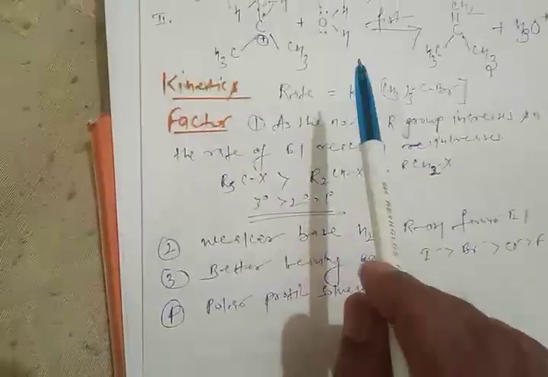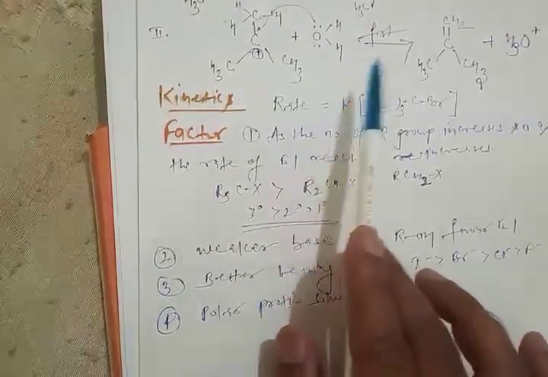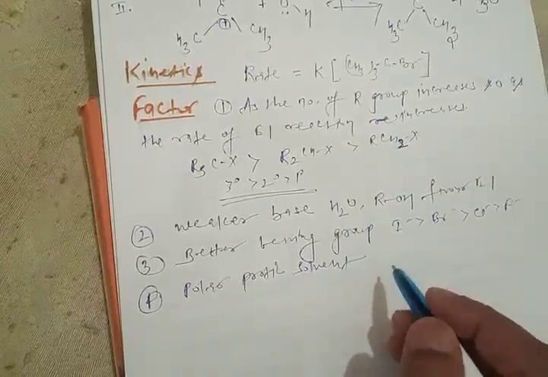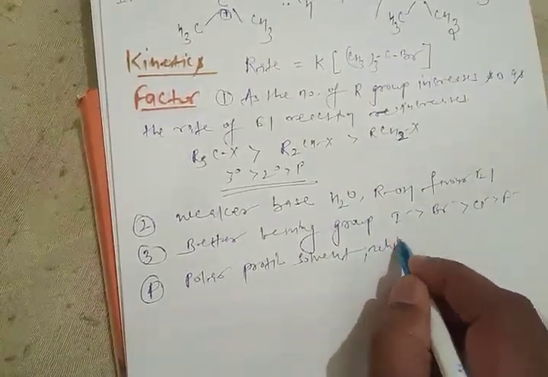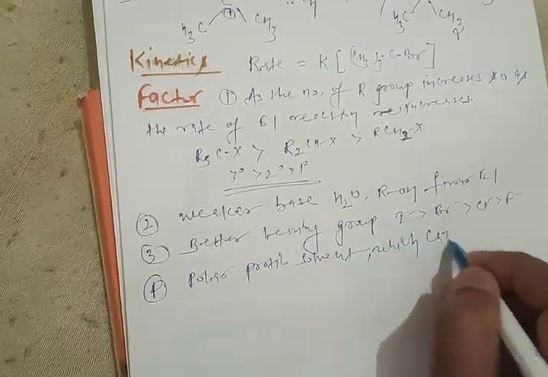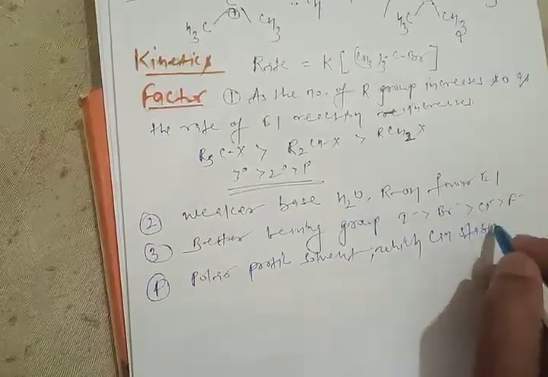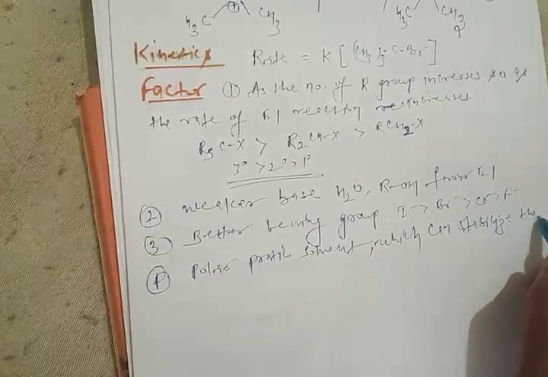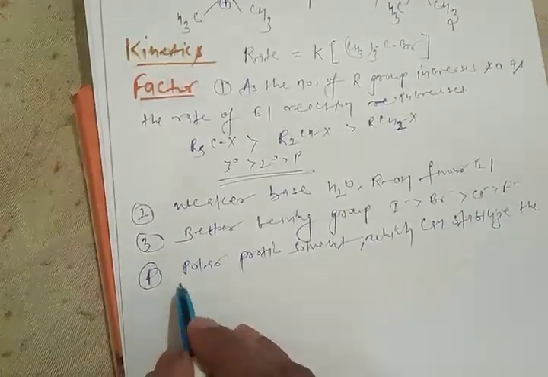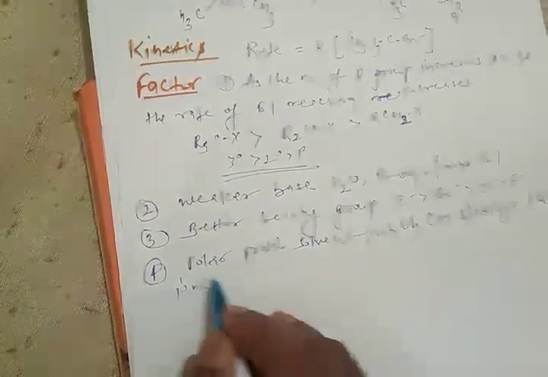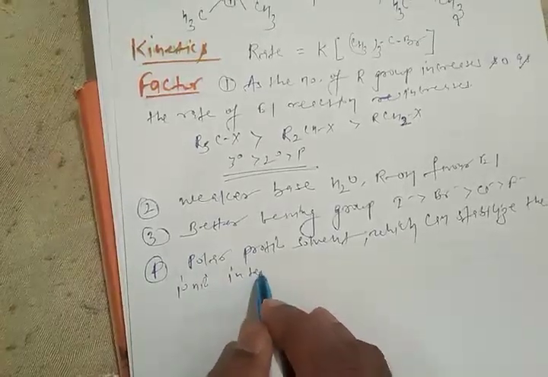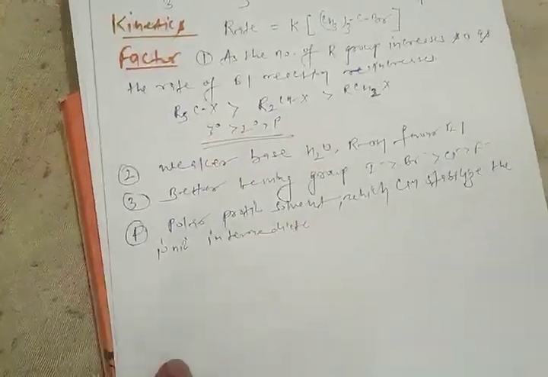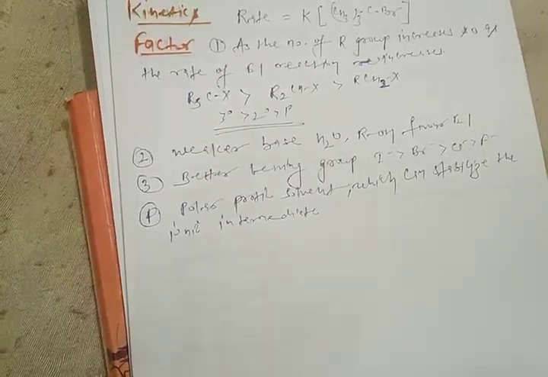In this case we require a polar protic solvent which can stabilize the ionic intermediate. So all things are similar to SN1; nothing is different in this case also.